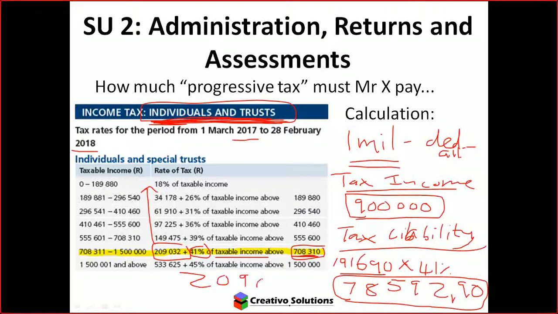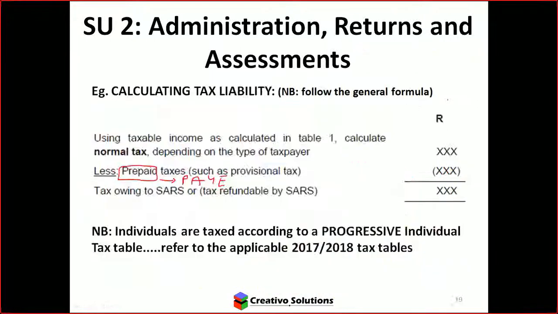Yes, sir. Okay, so how much tax would you actually pay? It's the 78,592 plus the 209,032 gives you a total of 287,624.90.